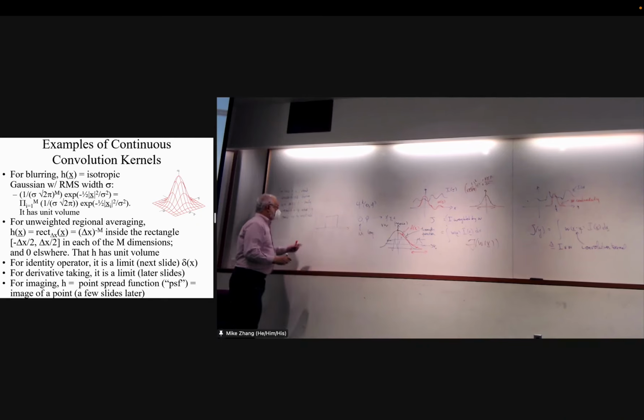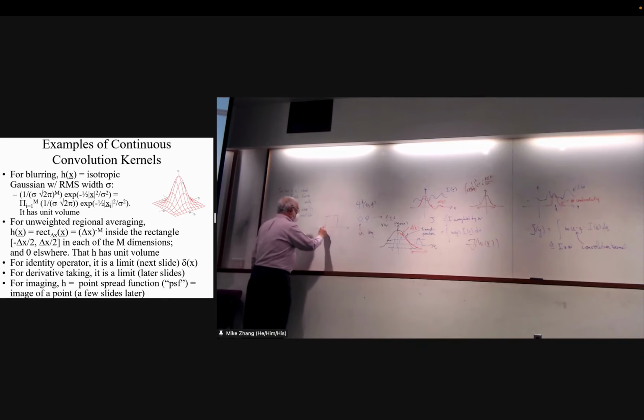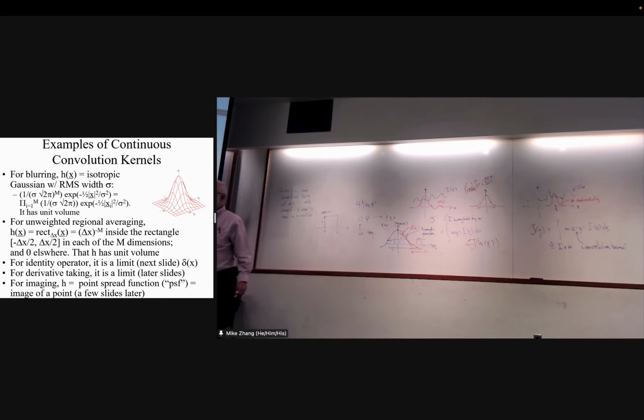It turns out we want our convolution kernel to have an integral of 1. So if it goes from minus a half to plus a half, then it's 1 wide, and then we'll want this function w of x, or the function rect of x, to be 1 high. So the area under this thing is 1.